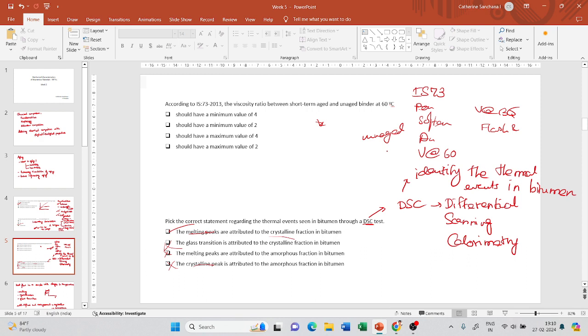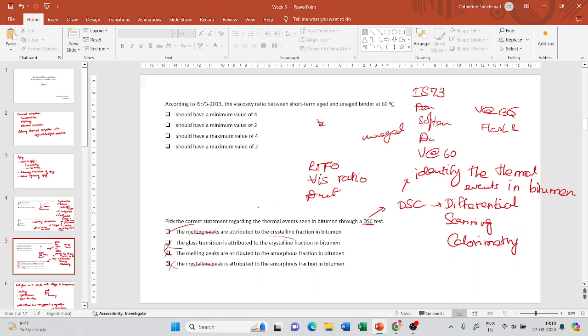Why do I say that they should be performed on unaged bitumen? Because after this, there will be a row which says test to be carried out on RTFO aged bitumen, and in that they will say two values. One is ductility and the other is viscosity ratio. So what is this?